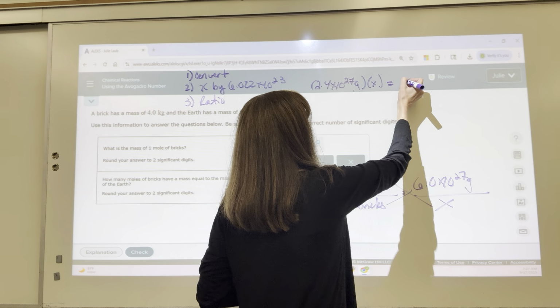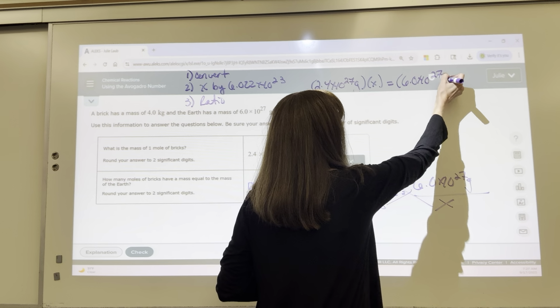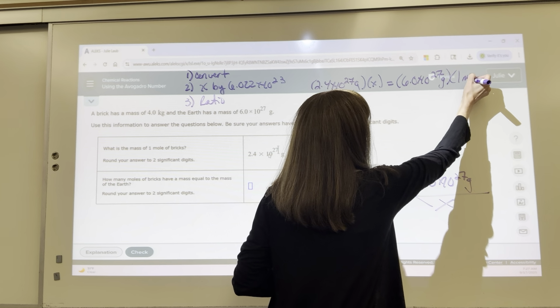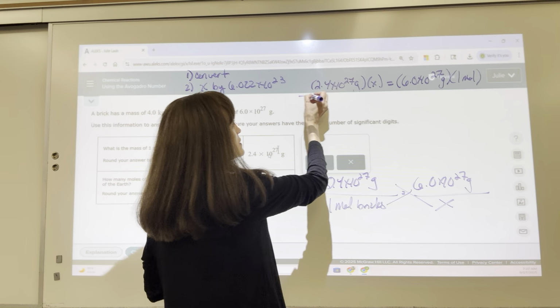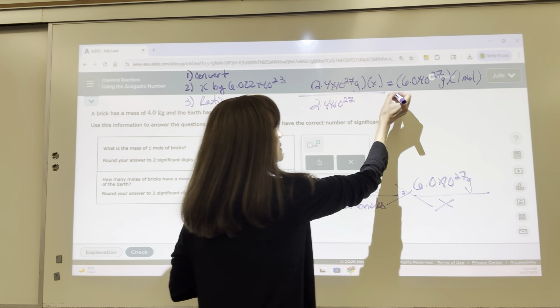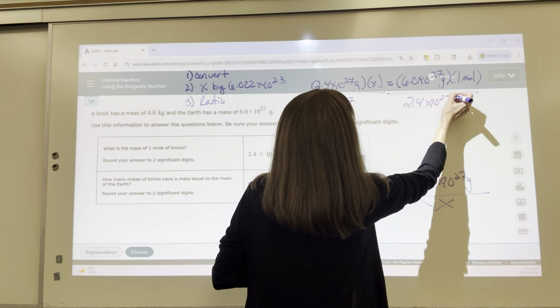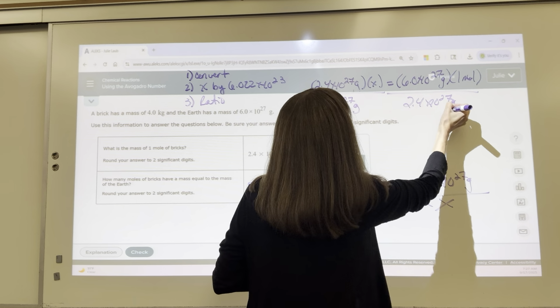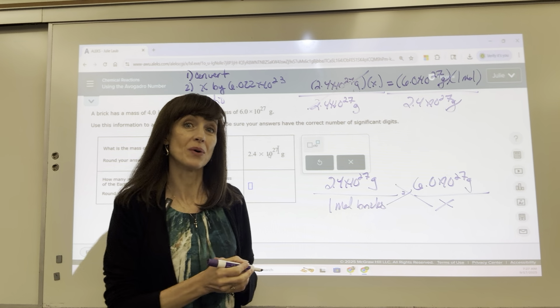It's going to equal 6.0 times 10 to the 27 grams times 1 mole. Now I'm going to solve for x. So I'll divide both sides by 2.4 times 10 to the 27. Notice that grams cancels, and I'll be left with moles.